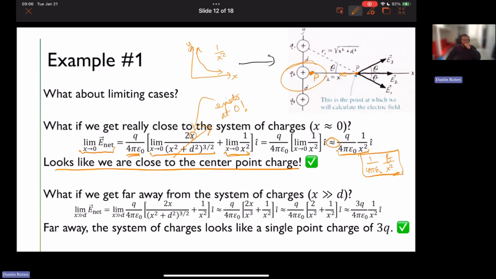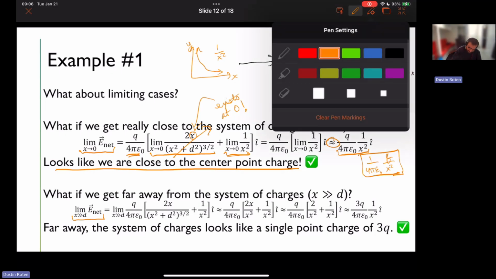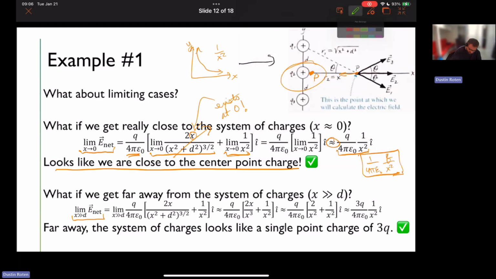Now, what if we get really far away from the system? We can do that as well. If we let x get really big, let's do this in a different color. Let's do green. If we let x get really big, that means we're going to move way over here. So I'll relabel our plot here with a P way over here. We can run through the same mathematics.